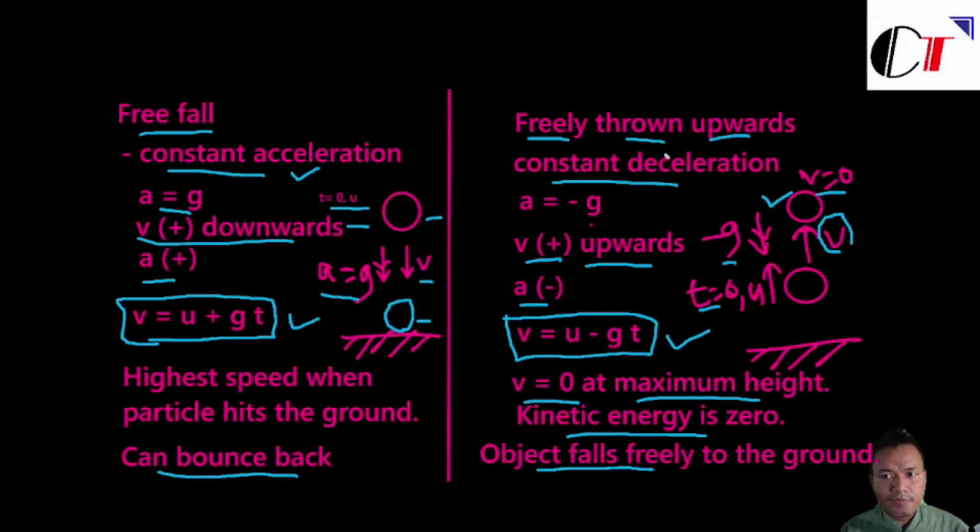The next motion is freely thrown upwards. In this motion, your object is initially at a certain height, and you have to provide an initial speed or velocity, because your object is moving against the pull of gravity, so you need to add kinetic energy. After it gains kinetic energy, it can move up against gravity.